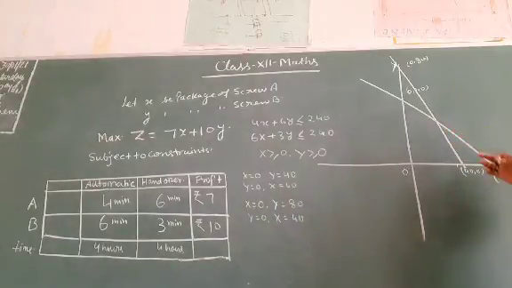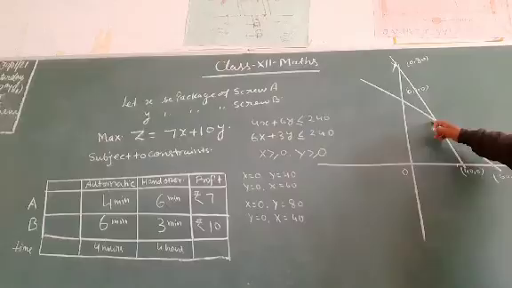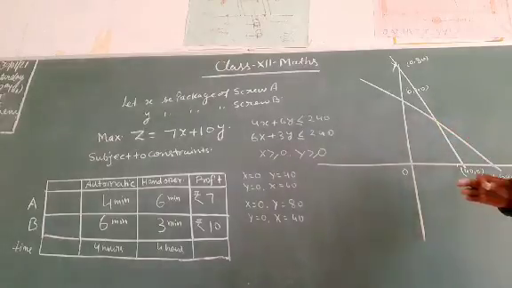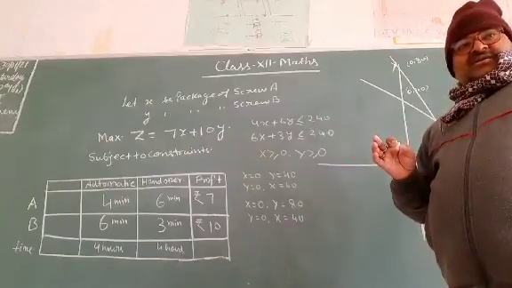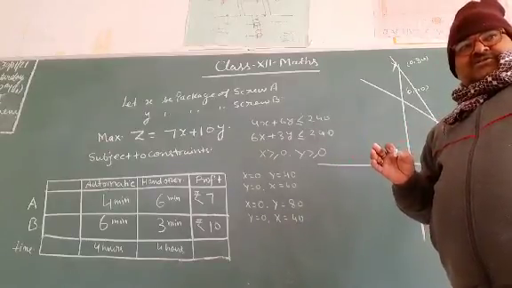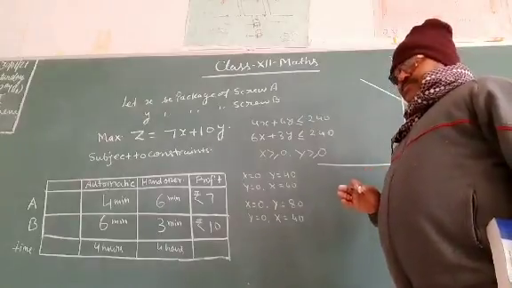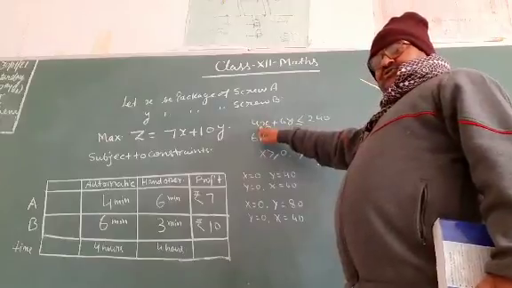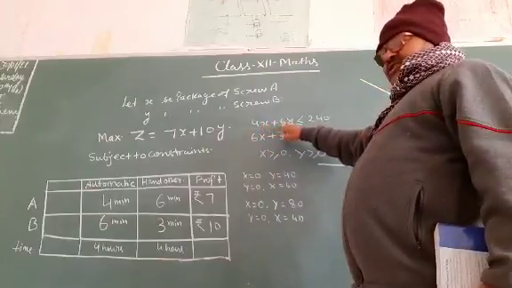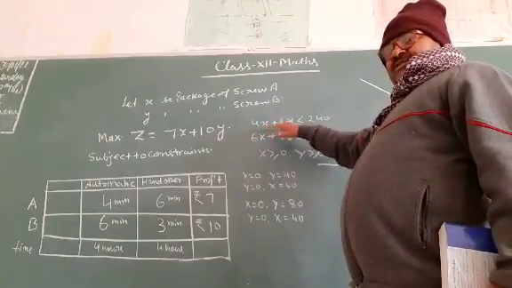The two lines intersect at a point. Then you draw the shaded or feasible region using the condition at 0, 0. Put x equal to 0 and y equal to 0 in the equation.